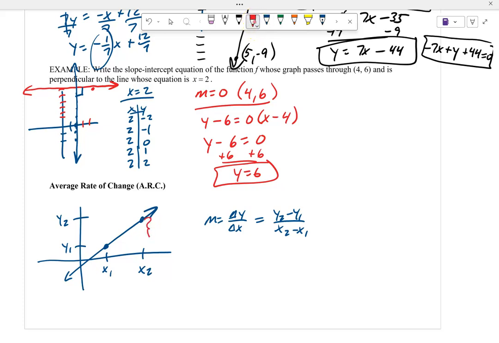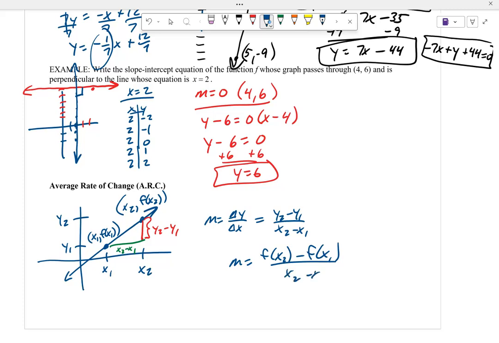It's the vertical change over the horizontal change. So again, if you hear average rate of change, think slope. Now in function notation, if this is the point x1, f of x1, which is your y1, and this is the point x2, f of x2, then this is just f of x2 minus f of x1 all over x2 minus x1. Again, all of it is a rate of change, the vertical change over the horizontal change, that ratio there.